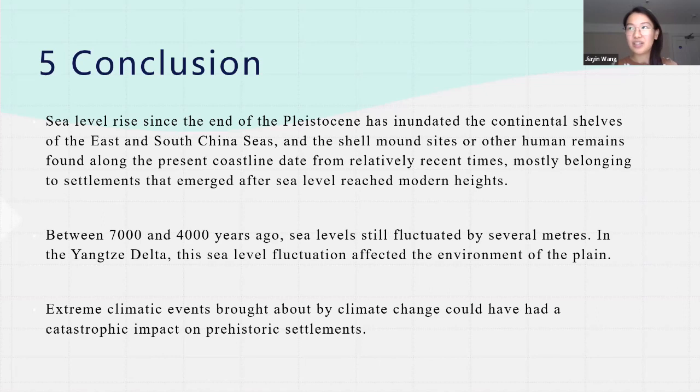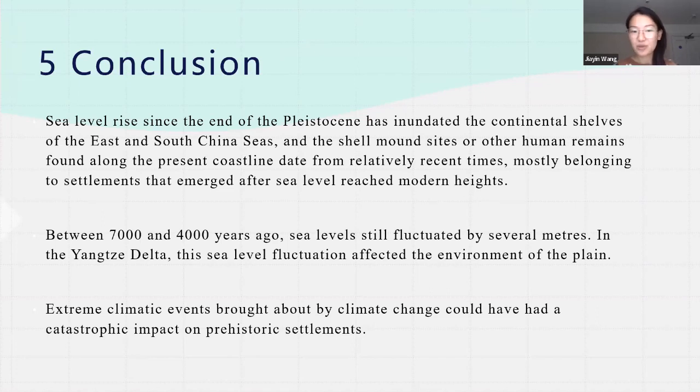So we can only expect earlier sites from the continental shelf areas, which are buried underwater at present. And between 7,000 and 4,000 years ago, the sea level still fluctuated by several meters, and this several meters really matters.